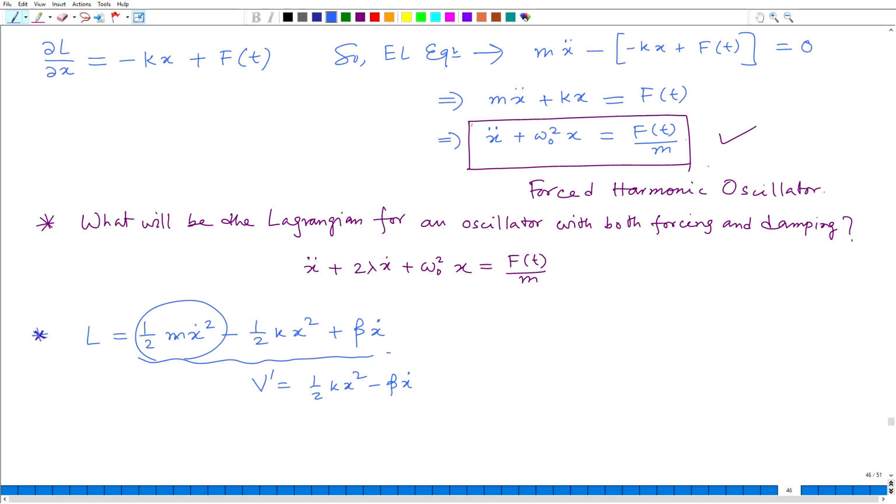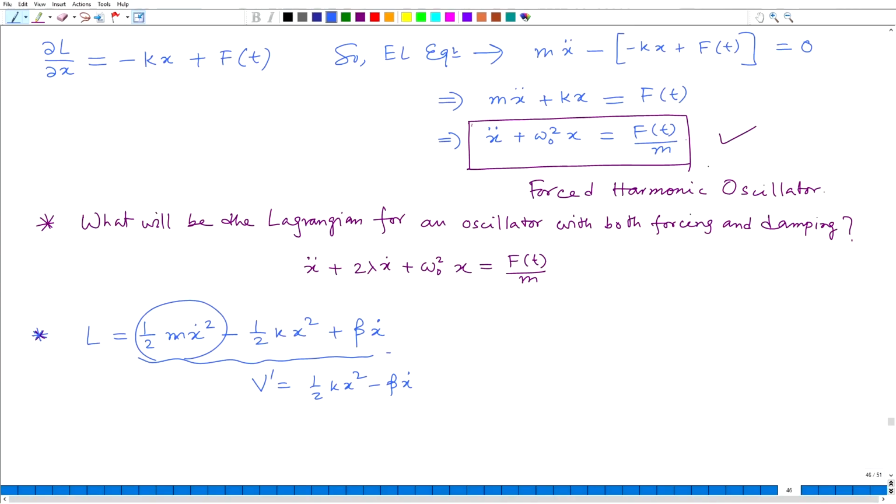The first conclusion you can draw is that maybe it is not related to a conservative system. Maybe it is again representing an oscillator with some damping or some extra effect where energy is maybe not conserved. But at the same time, also check whether the Lagrangian is explicitly containing t or not.